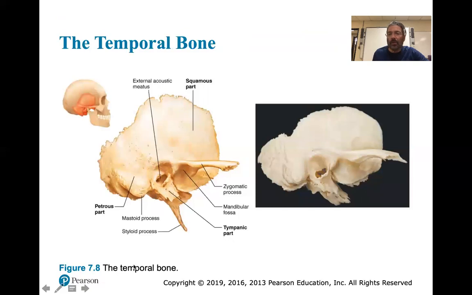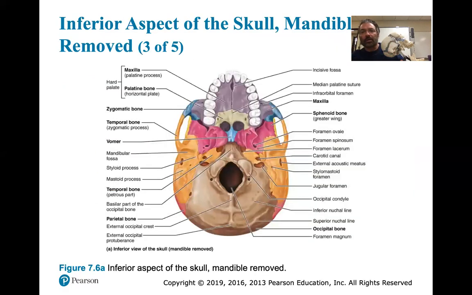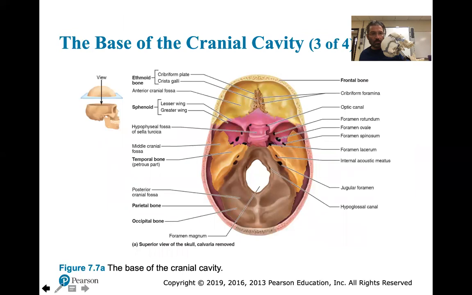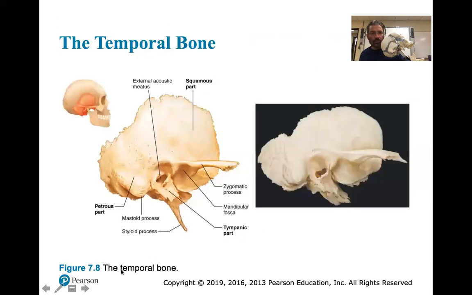Okay, and then there's a temporal bone. All right, so I brought this guy here. This would be the temporal bone if we were separating it. So there's the temporal bone.